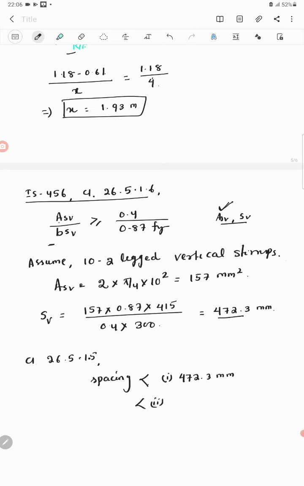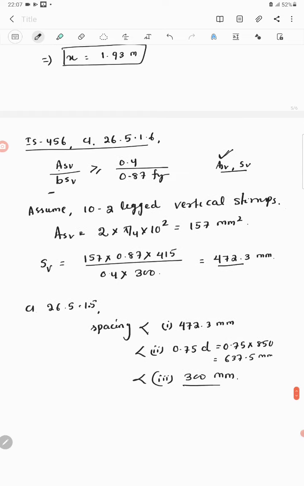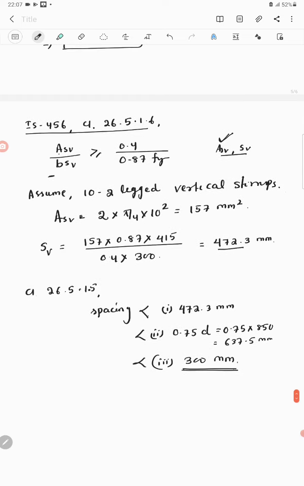Second, 0.75 d, that is 0.75 into 850, that is equal to 637.5 mm. And number 3, 300 mm. Out of these 3, this is the minimum value, so you have to consider that.